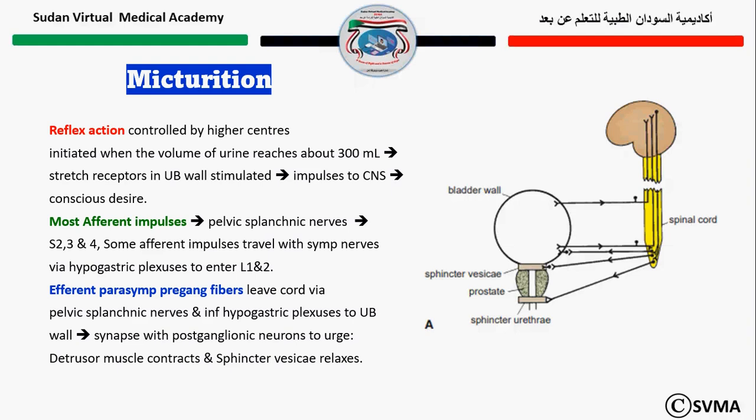I'm just giving you an idea. So when you reach 300 ml of urine, you start what we call the urge. يعني you will feel that you will need to pass urine soon but you still have time.